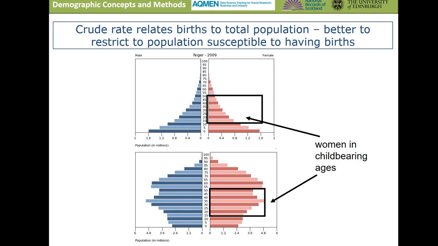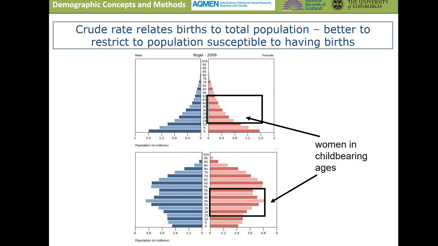So the crude birth rate is problematic because it relates births to the total population. A better measure would be to restrict our rate to the population susceptible to having births. So this will be women in the childbearing ages. And this will get around the issue of differences in population structure.